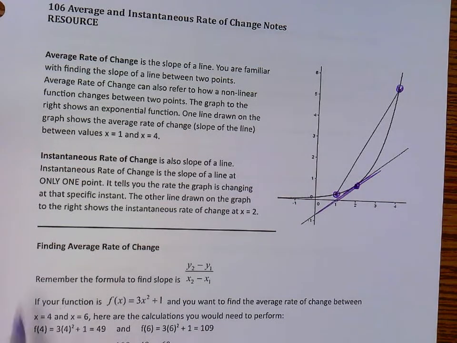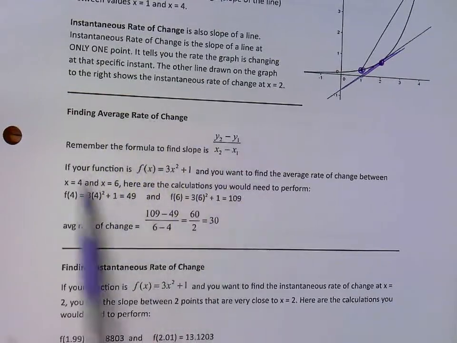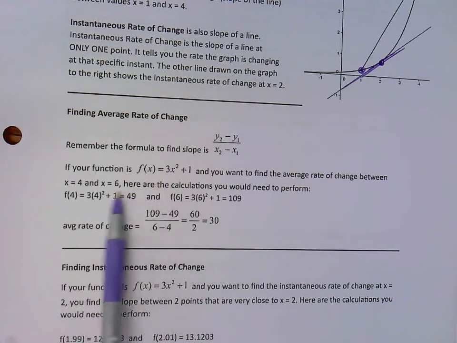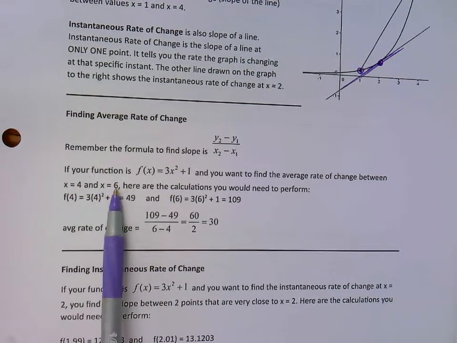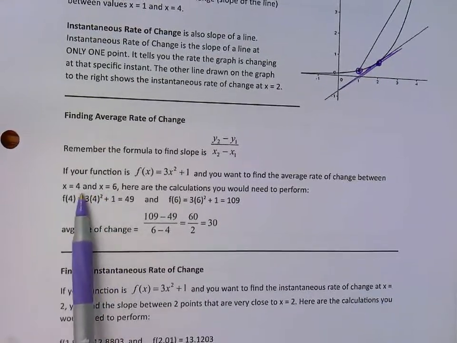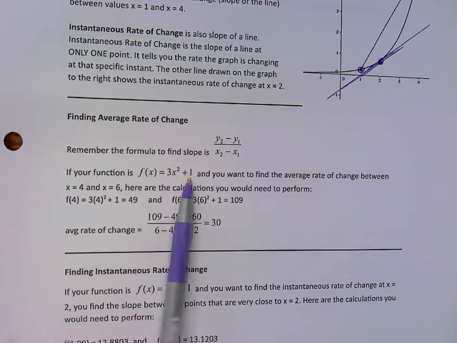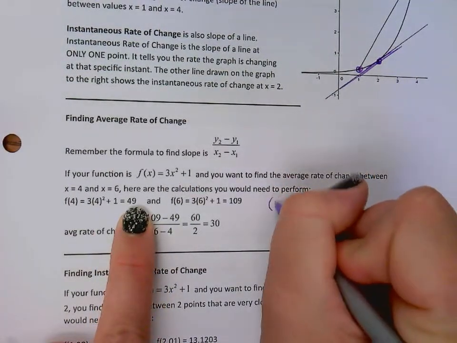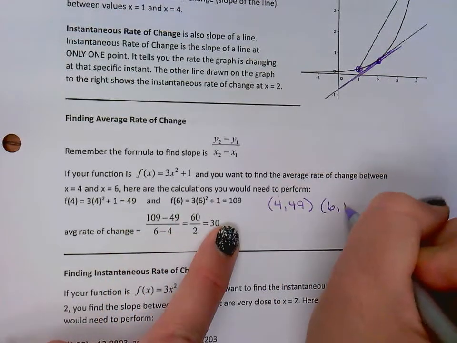This first part is just reviewing with you how to find average rate of change. You don't have to do anything here. It's just showing you the notes. Your first step would be to generate the values at 4 and at 6. So plug 4 into the function, 3x squared plus 1. They're taking the coordinates: 4 generated 49 and 6 generated 109.